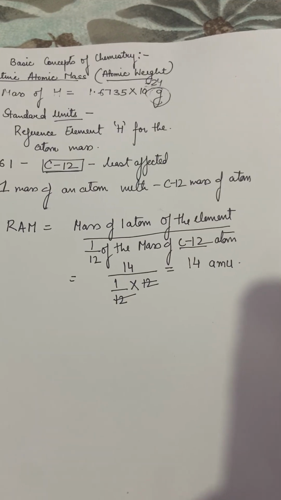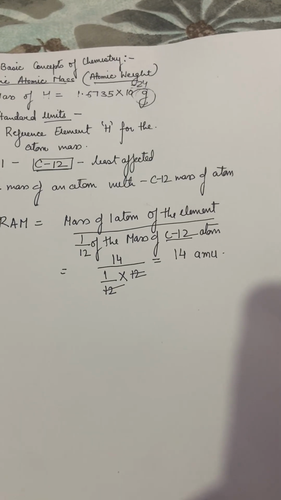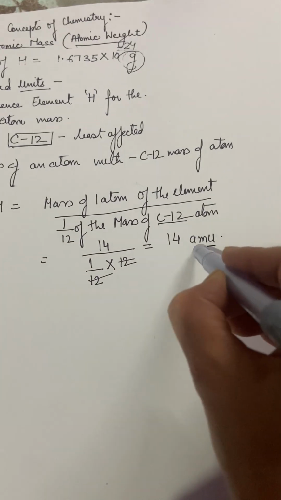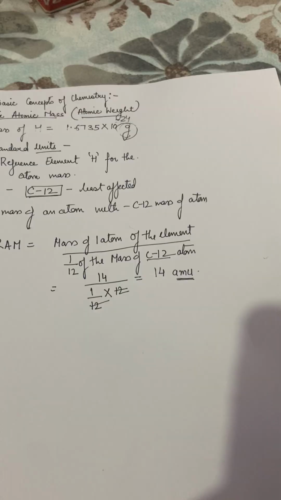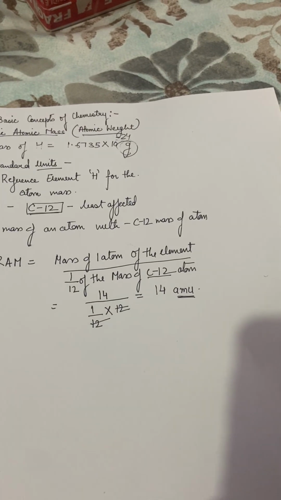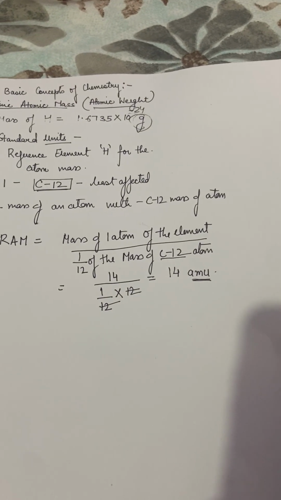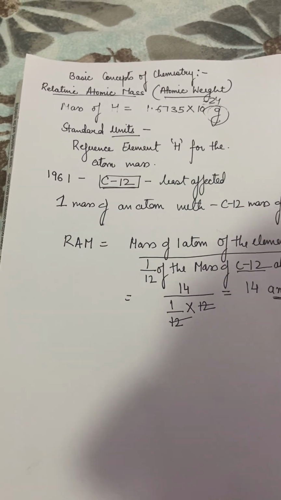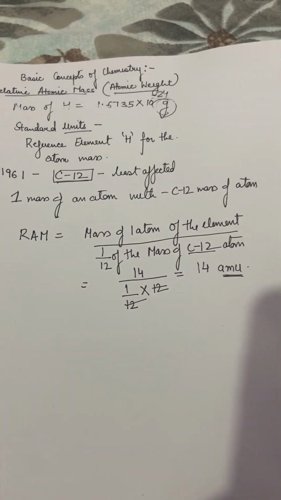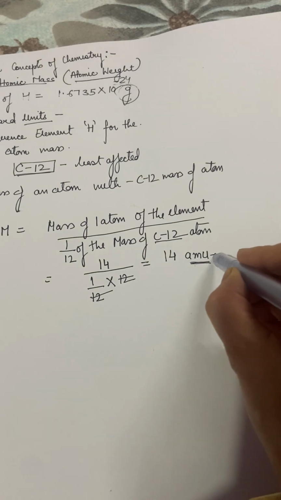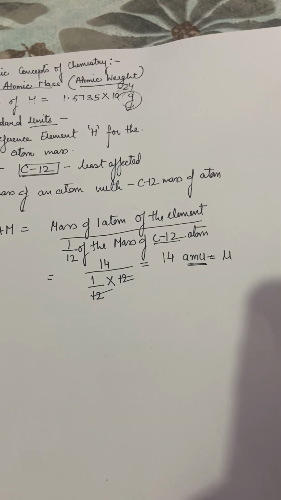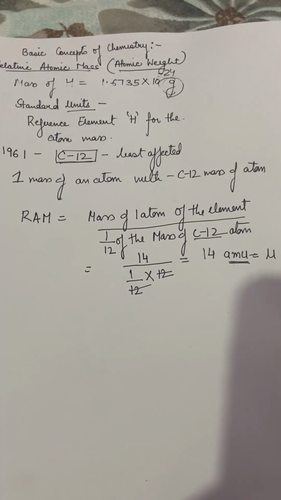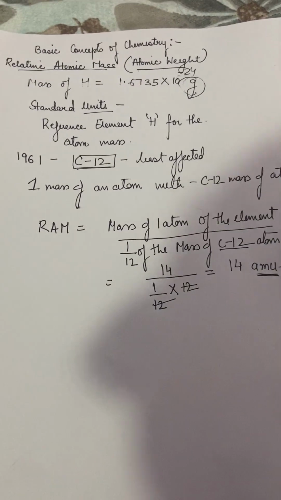So, whenever you are finding the relative atomic mass of any element, you have to use the atomic mass unit, which is 1/12 of the mass of the carbon-12. I hope it is clear to everybody. But nowadays, AMU is also replaced by what unit? u. So the new unit adopted for the relative atomic mass is u.